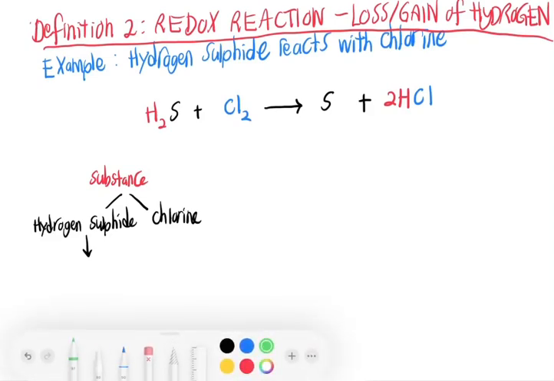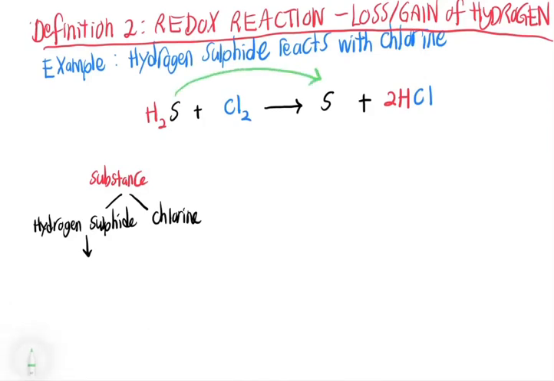So you can say that hydrogen sulfide loses hydrogen, while chlorine gains hydrogen. So hydrogen sulfide loses hydrogen and so undergoes oxidation.